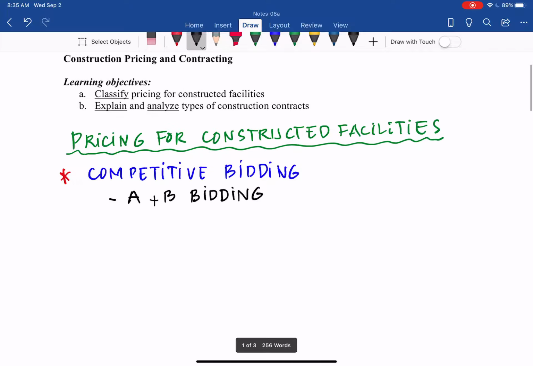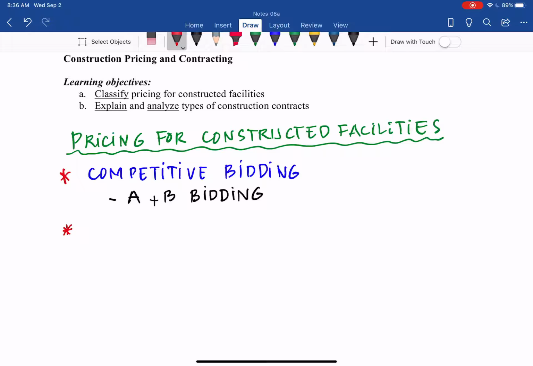As its name implies, competitive means that when we have a project, we ask different bidders to bid the project, and whichever bidder is the most competitive will be selected. It can be selected based on the lowest bidder, but it can be a combination of the technical component and the cost component, the price component.